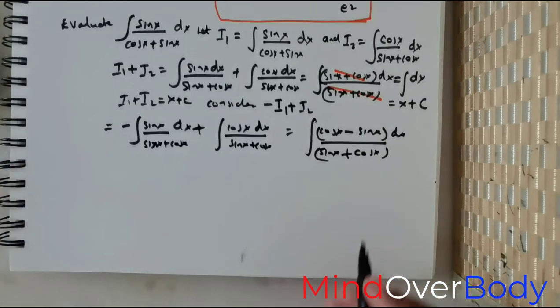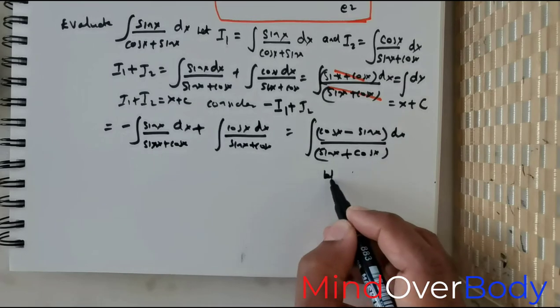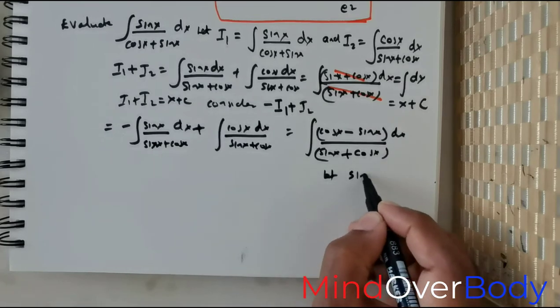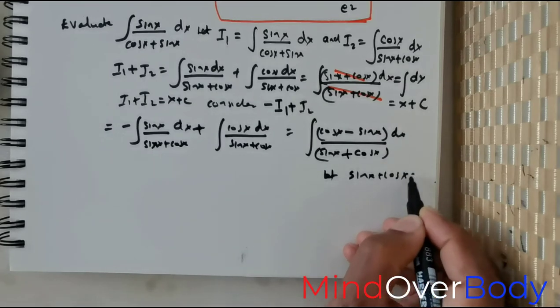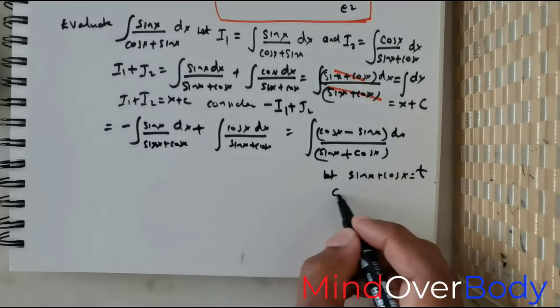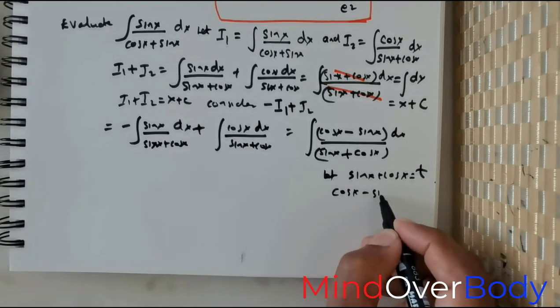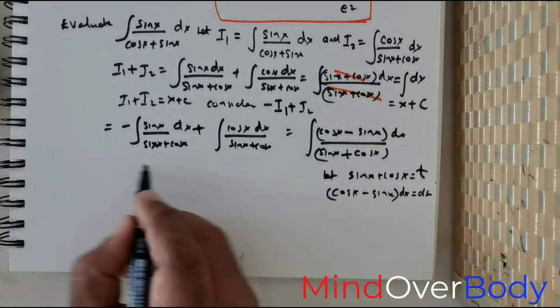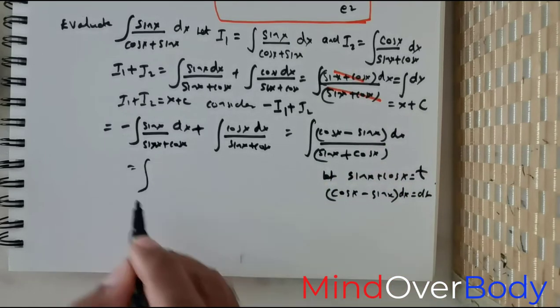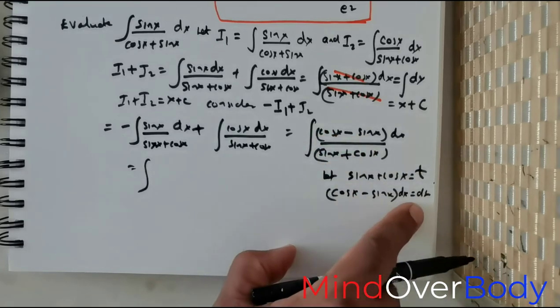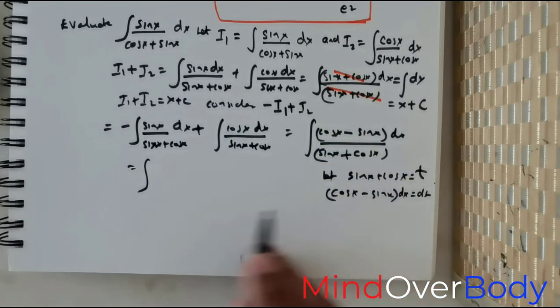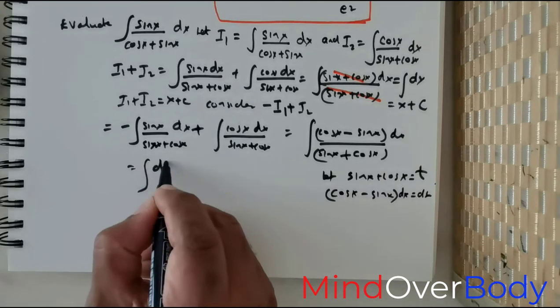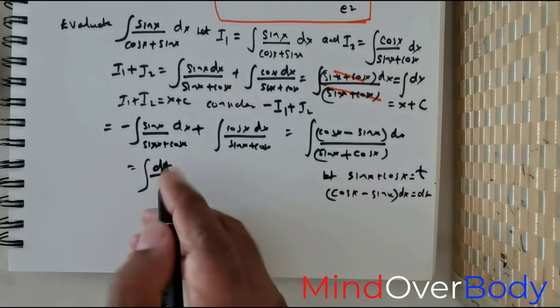Now let me make the following substitution. Let sin x + cos x be equal to some t. If I were to differentiate this, I get (cos x - sin x) dx equal to dt. So if I substitute, (cos x - sin x) dx is going to be dt, and sin x + cos x is t.